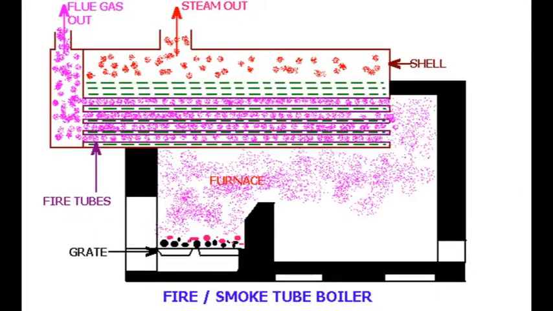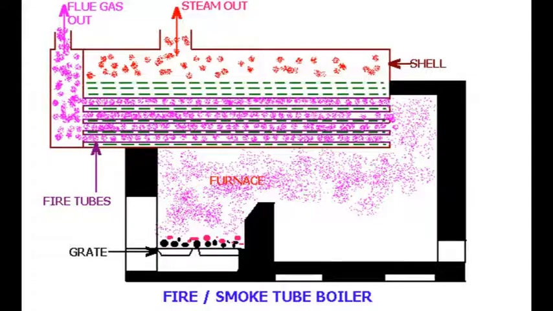The second generation boilers are fire or smoke tube boilers. Basically, they are made in such a way that fire passes through the tubes placed within a shell, and as a result there is more heat transfer, but there are limitations also.